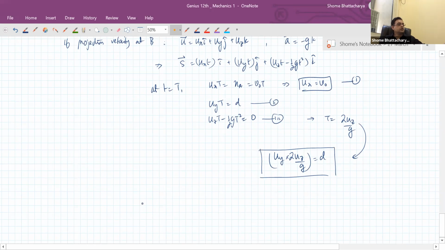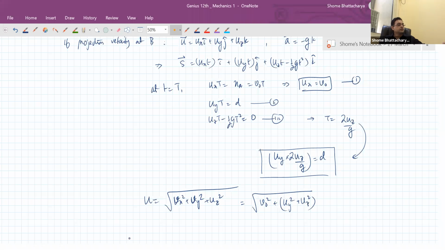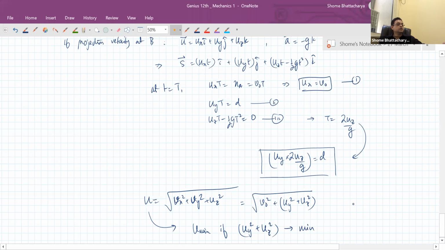Okay. Now our u is equal to square root of ux square plus uy square plus uz square. Okay. So that is equal to square root of v naught square plus uy square plus uz square. So you can see that u will be minimum if uy square plus uz square is minimum. So in this, what we can do is we can take uy as x.